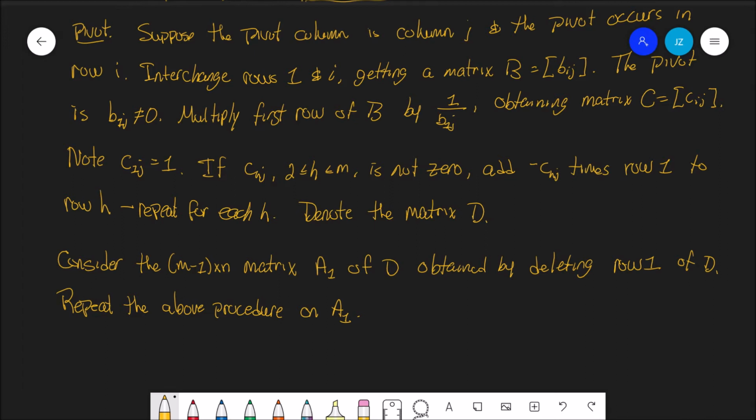If we now continue in this way, we will get a matrix that is an REF.